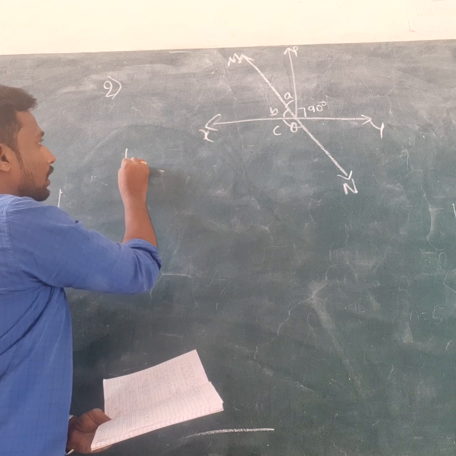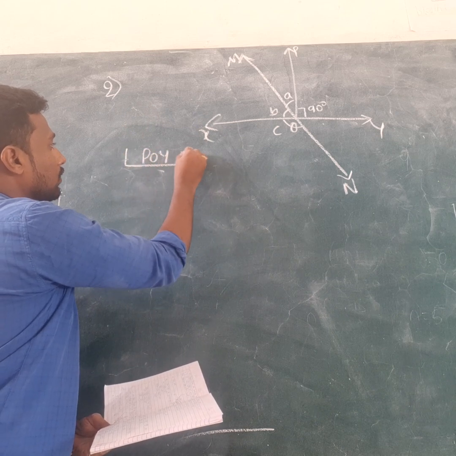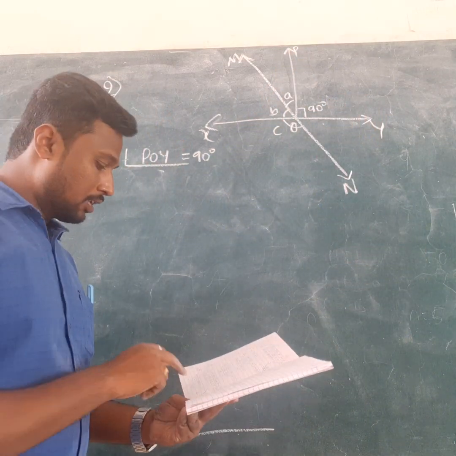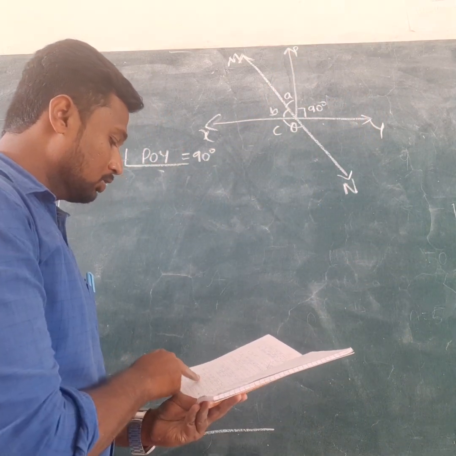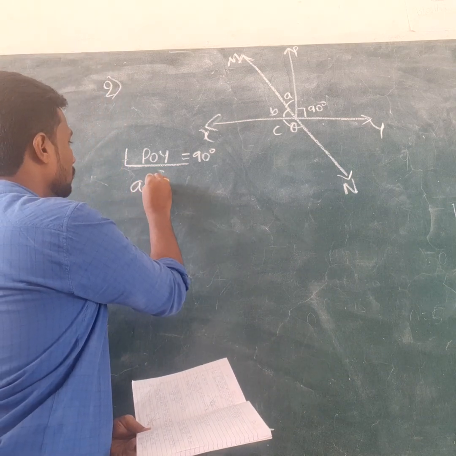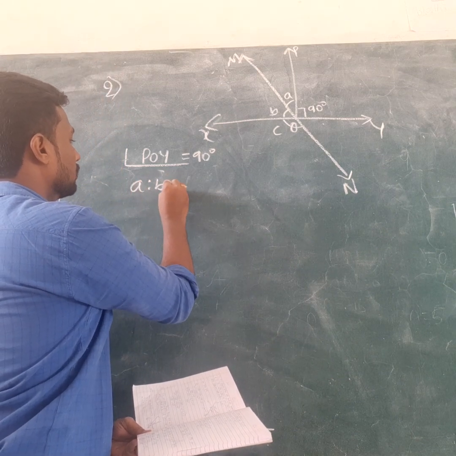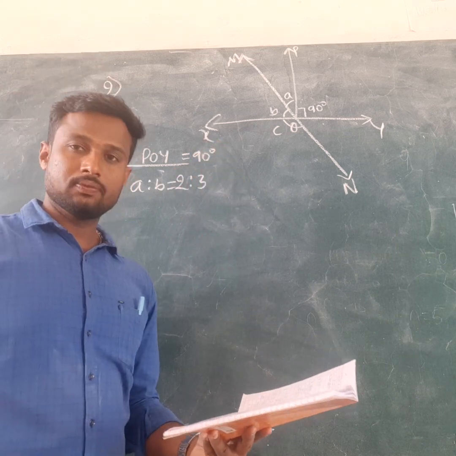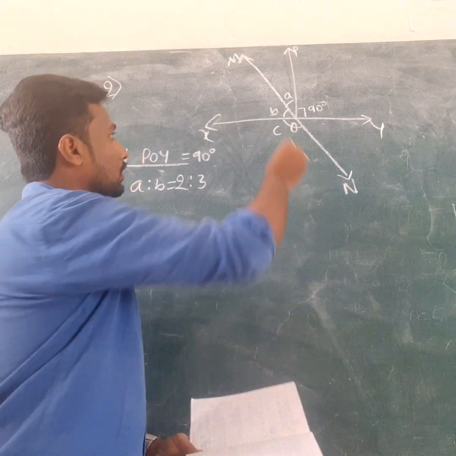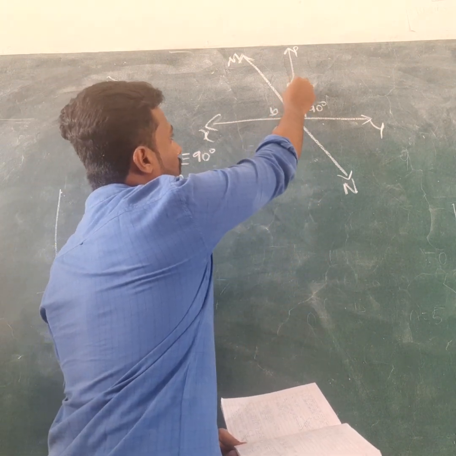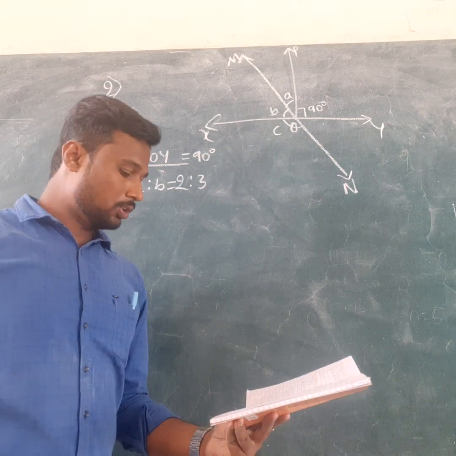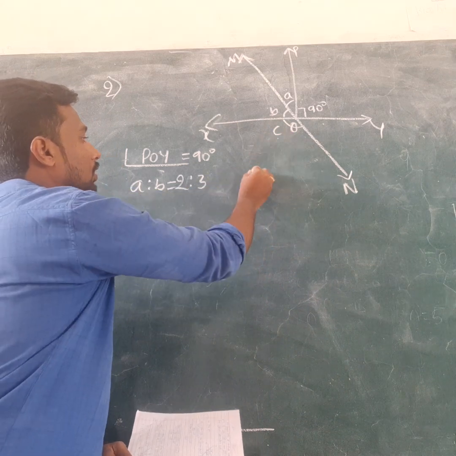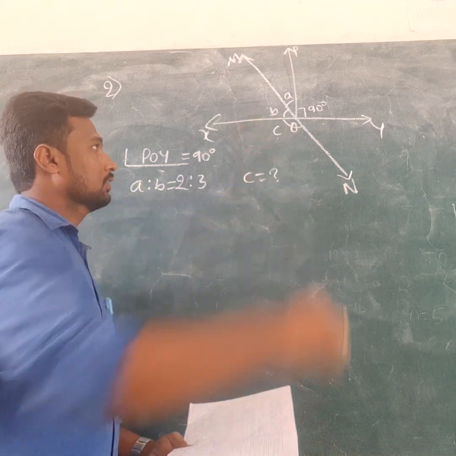Angle POY is 90 degrees, they have given, and A is to B is equal to 2 is to 3. Here A is to B, these angles are in the ratio 2 is to 3. Find angle C. We have to find out angle C.